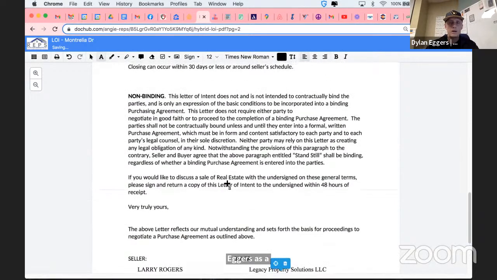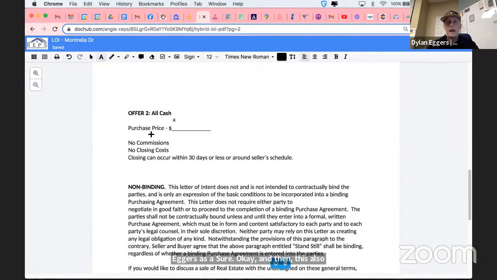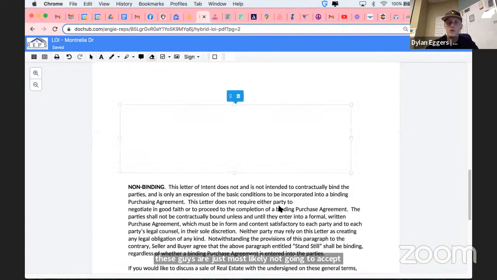And then this LOI also has a space for you to put a cash offer. When I'm doing the seller finance LOI, when they don't have a loan, they only have equity, I might put a cash offer in here, but I know that these guys are just most likely not going to accept a low cash offer where we need it. So I'm just going to erase it.